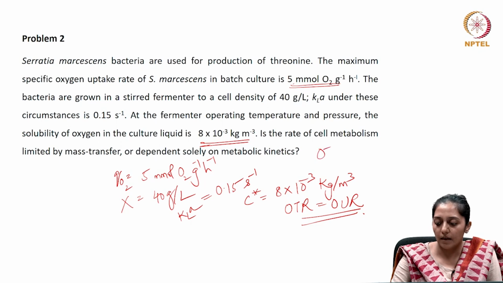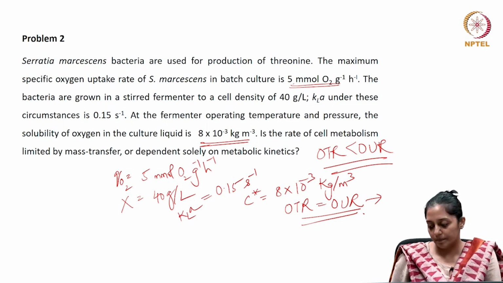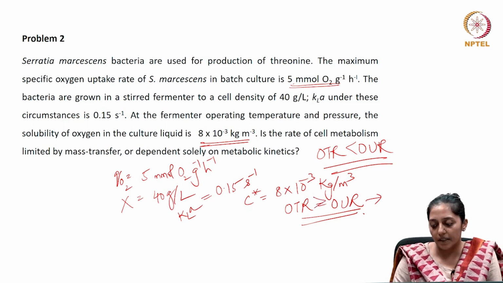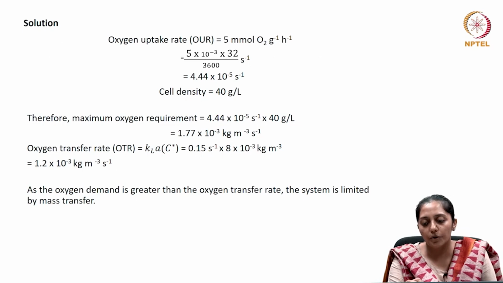If OTR becomes less than OUR, it will start becoming mass transfer limited. So, ideally it should be greater than OUR, then it is not mass transfer limited, but reaction limited.